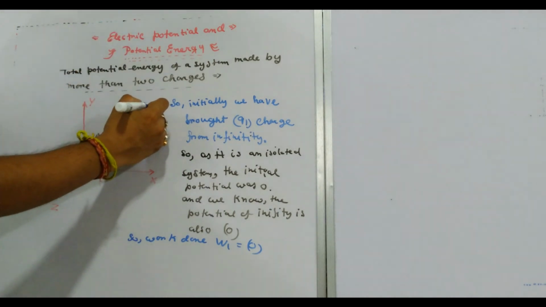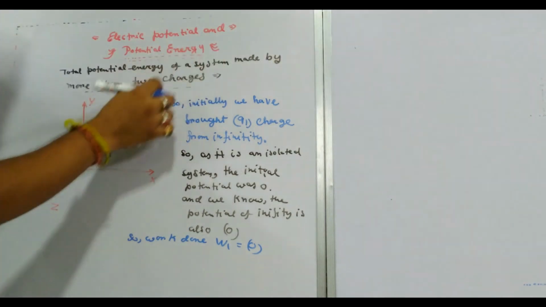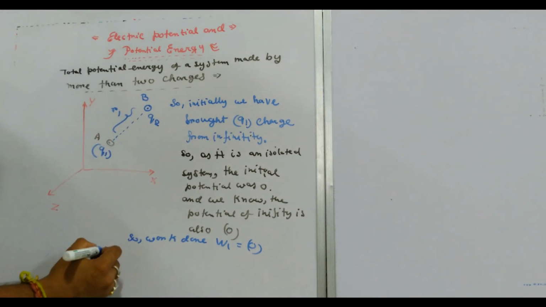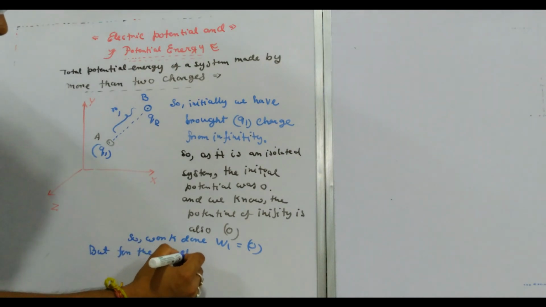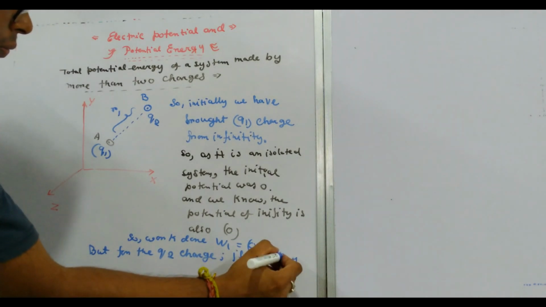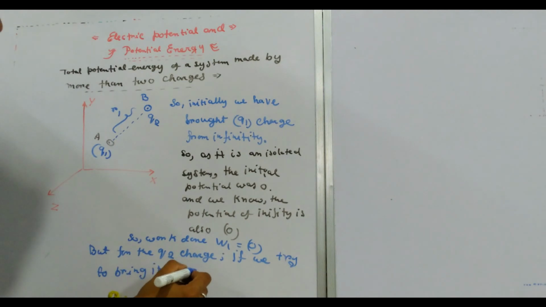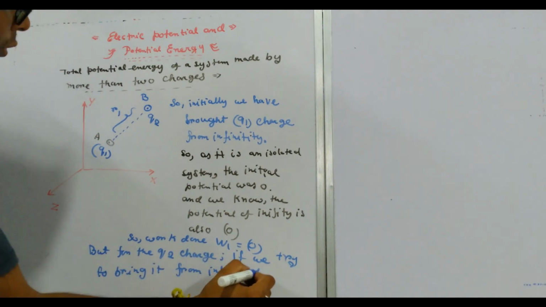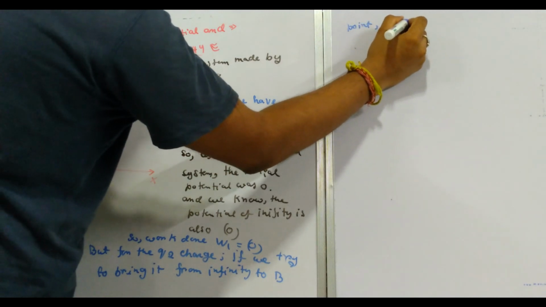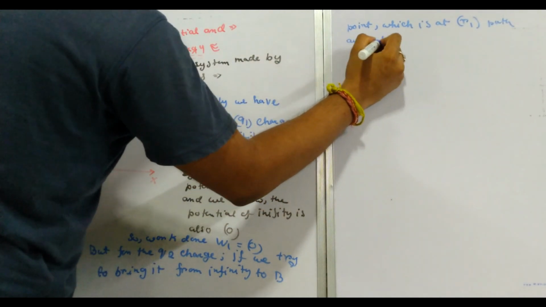So now we are thinking of point B, and we are targeting to bring a q2 charge from infinity to point B, which is at R1 distance from q1.